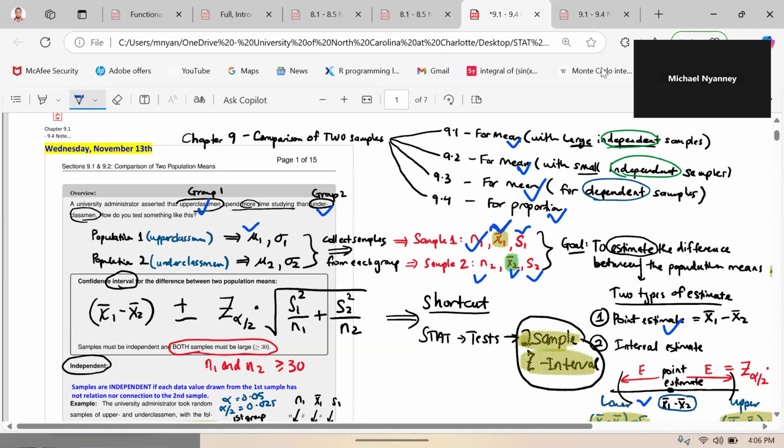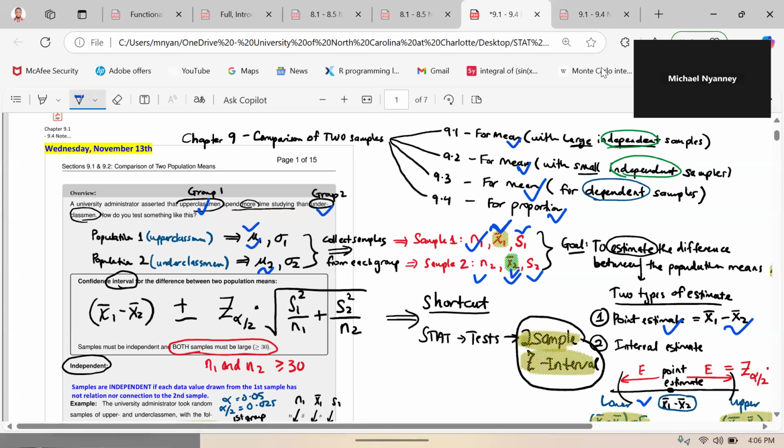And for mu2, the point estimate will be x bar 2. But if I take the difference between mu1 and mu2, then the point estimate will be x bar 1 minus x bar 2. That is the point estimate for the difference between these population means.